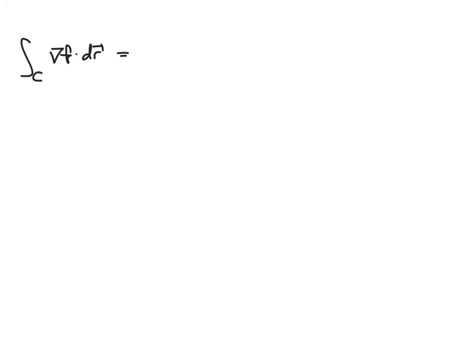Now we know, given all the information that we had about the curve, that we can rewrite this as the integral from a to b of the gradient of f evaluated at r of t, dot product with r prime of t dt.